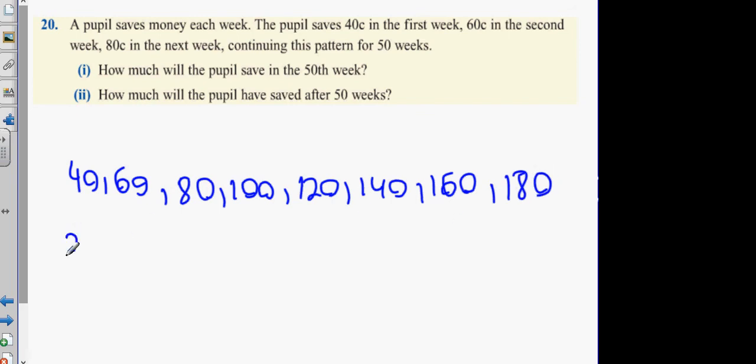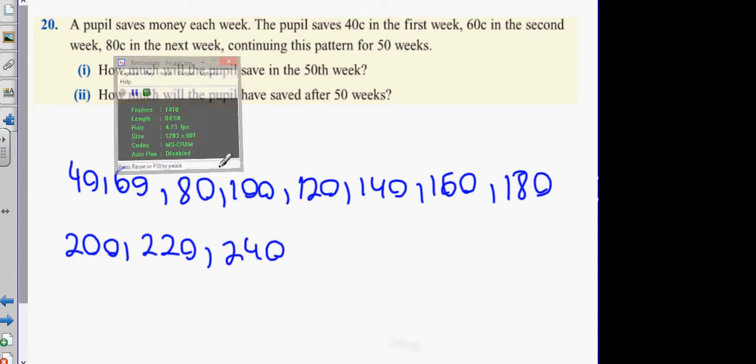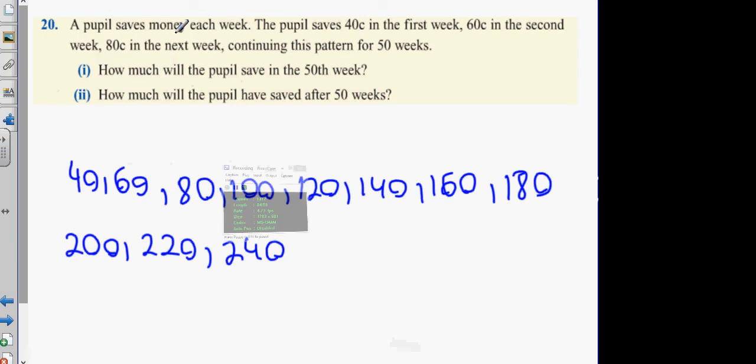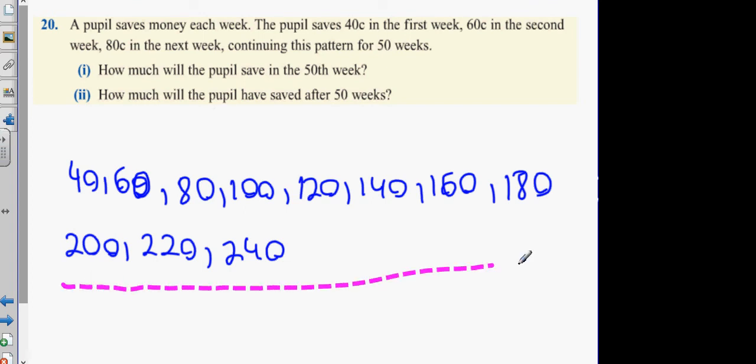Okay. If you have to do this 50 times, it's a bit of a big ask. We know the pattern. You could write all this out, but to be honest, this is why we have the T of n formula.